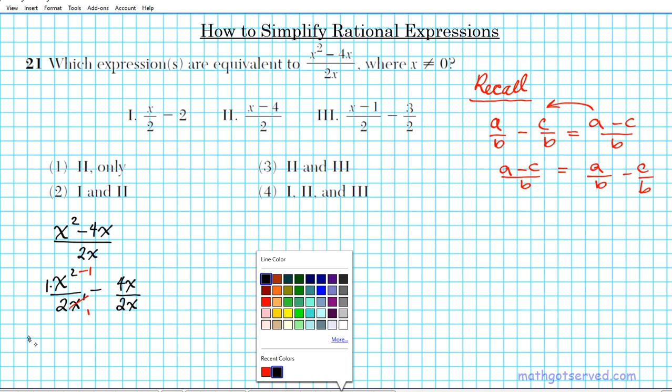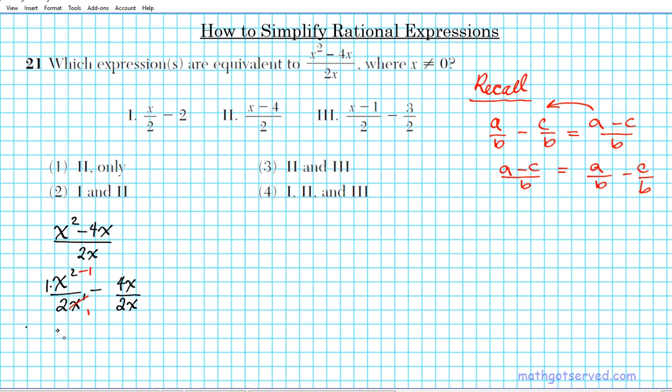Whenever you're dividing exponents with the same base, you subtract the powers. So we have x to the 2 minus 1, which is just x to the first power, divided by 2, minus 4 over 2x.